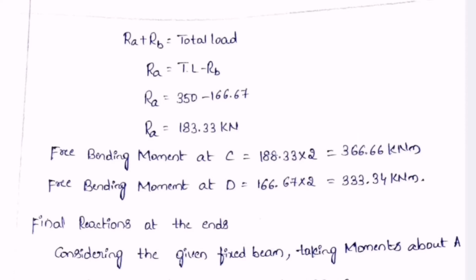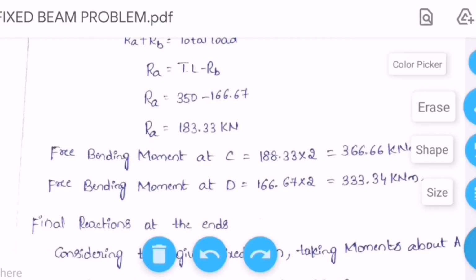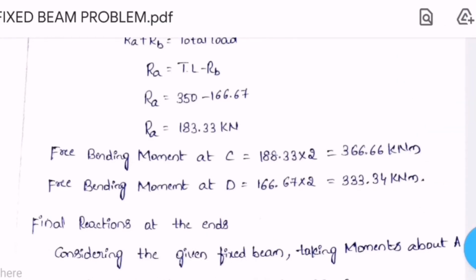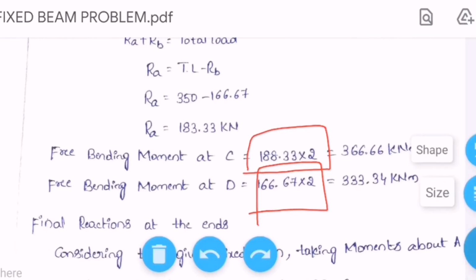Next we go for the free bending moment at C. That is RA into the distance to C, we get it directly, and the free bending moment at D is RB into distance 2. This is as simple as regular shear force and bending moment, so no need to explain it here.